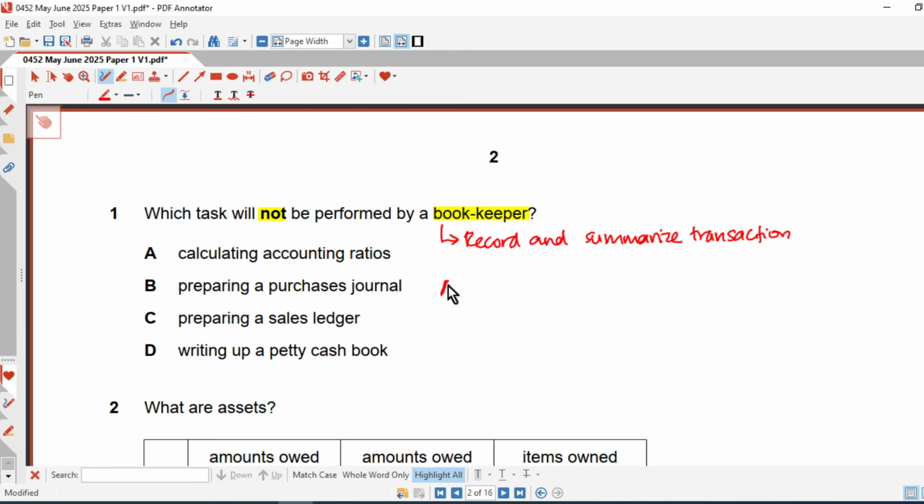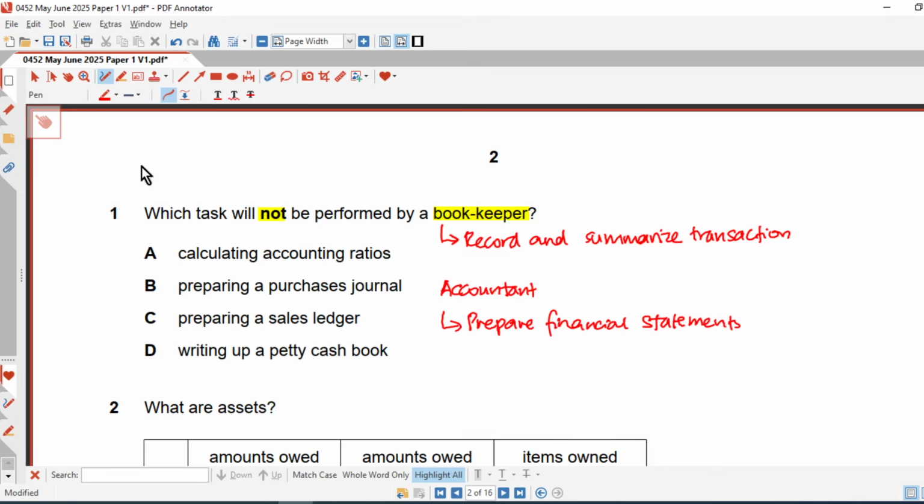Now, if you're looking at the role of an accountant, they are more towards the final processes. They will prepare financial statements, right? Accountants will prepare financial statements after everything else has been drawn up by the bookkeeper.